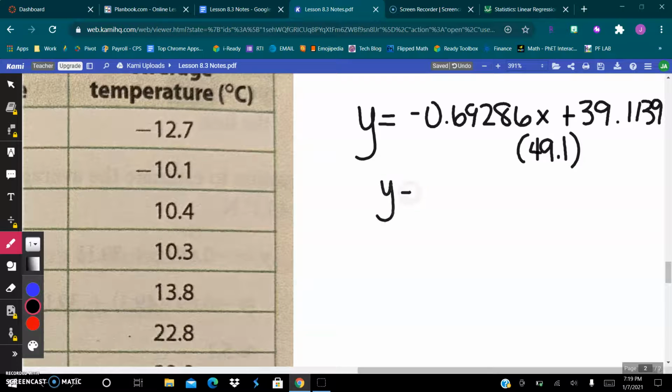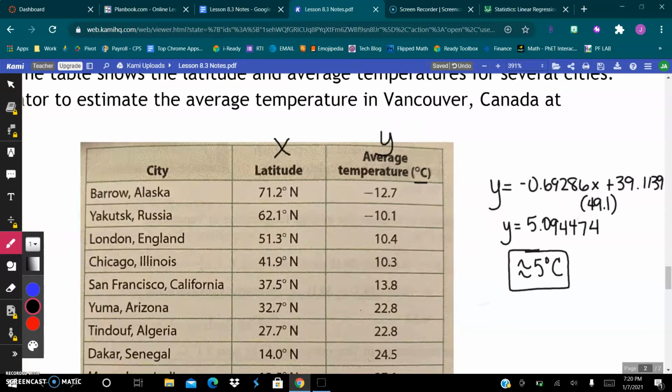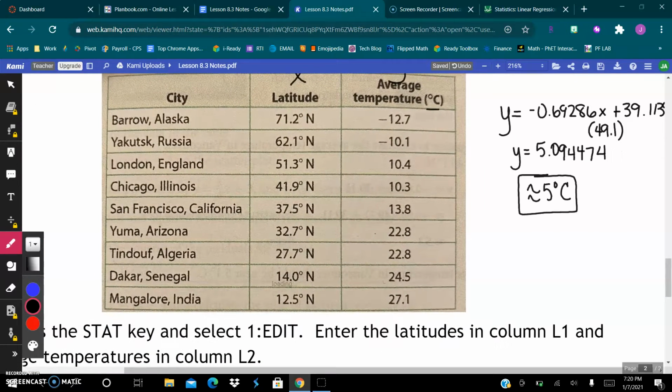And when I do that, y will equal 5.094474. So the average temperature is about 5 degrees Celsius, and that's what it says over here in the chart. So roughly 5 degrees in Vancouver, Canada is the average temperature according to the information that we have.